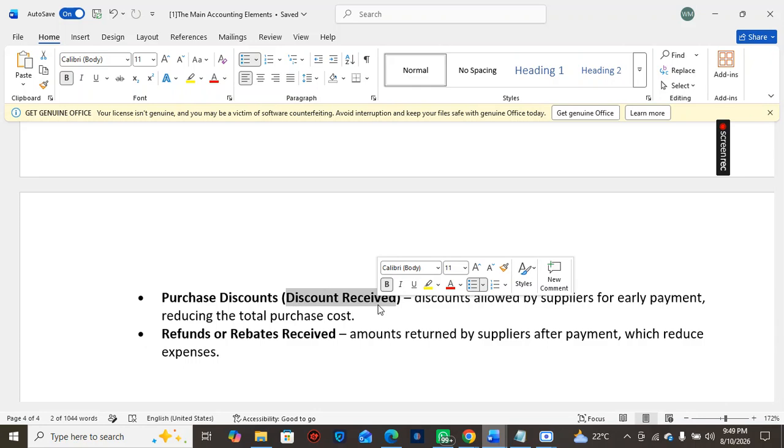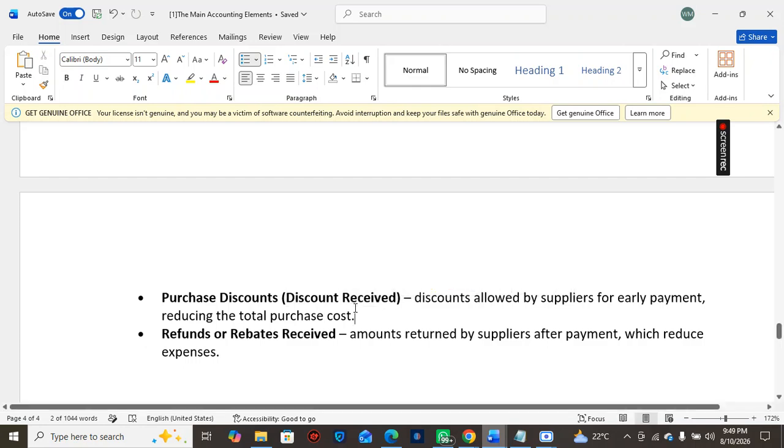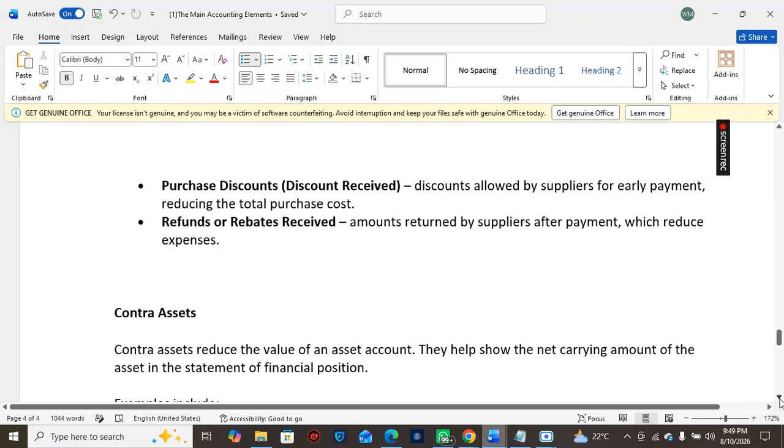You will see what I mean once we reach financial statements on this discount received. It can be looked at in two ways. Here how we're looking at it is it reduces the purchases expense, so it can also fit under contra expense. Even refunds or rebates received, amounts returned by suppliers after payment, which reduces expenses.